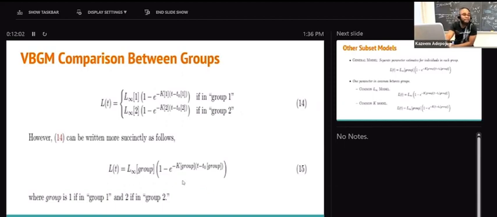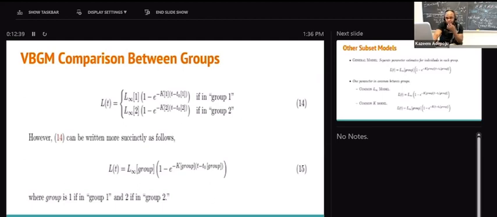Putting group on them means if group equals 1, I'm talking about group 1, and if group equals 2, I'm talking about group 2. Any question? Okay, now you understand what equations 14 and 15 are talking about, right? They are the same. Equation 15 is another way to write equation 14 if I don't want to replicate the Bertalanffy for the two groups.